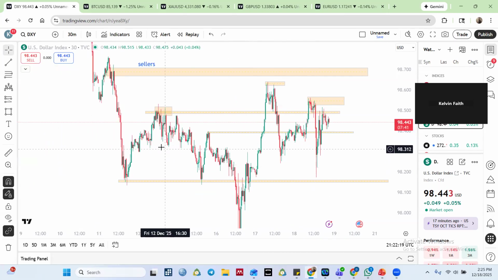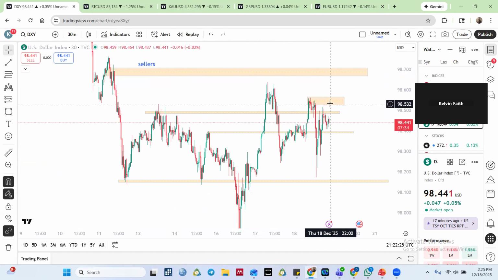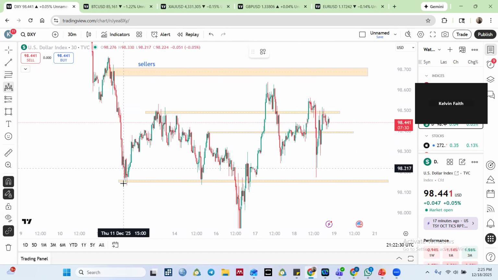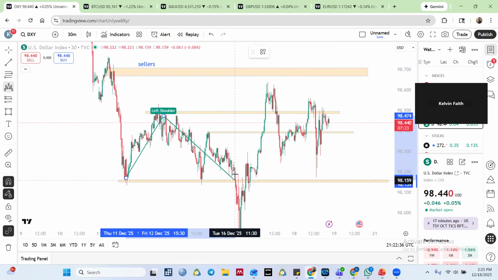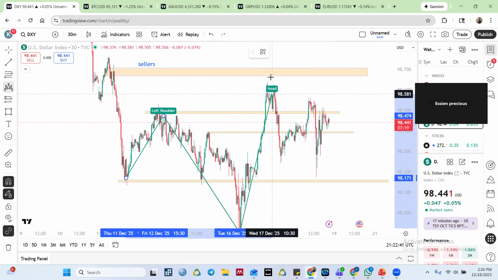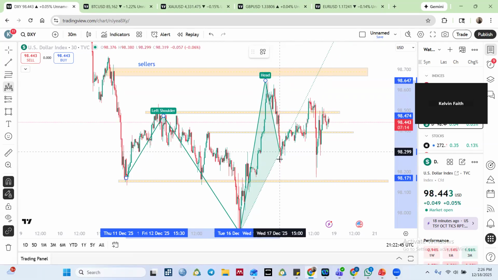Good. So this pattern, high, higher high, lower high, is also what we call the head and shoulders. For example, if I take this point, I will put my left shoulder here, then a low point here, I'll put my head here, and my neck area here, and my right shoulder here.